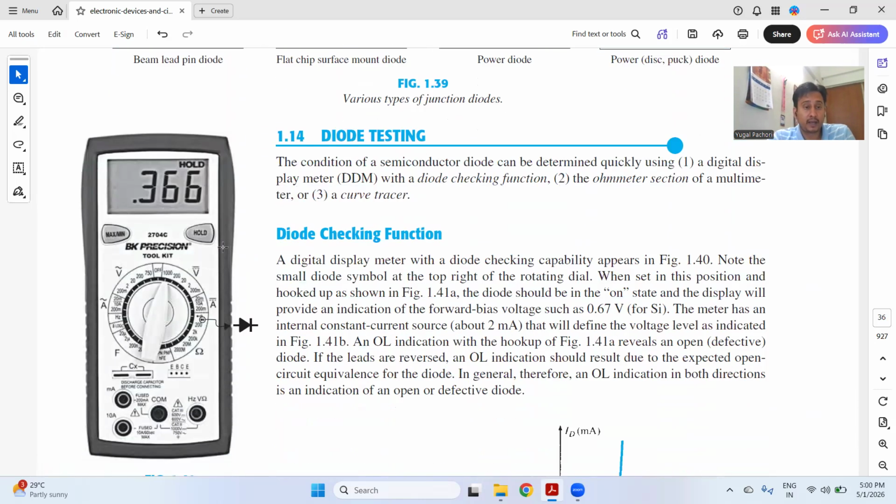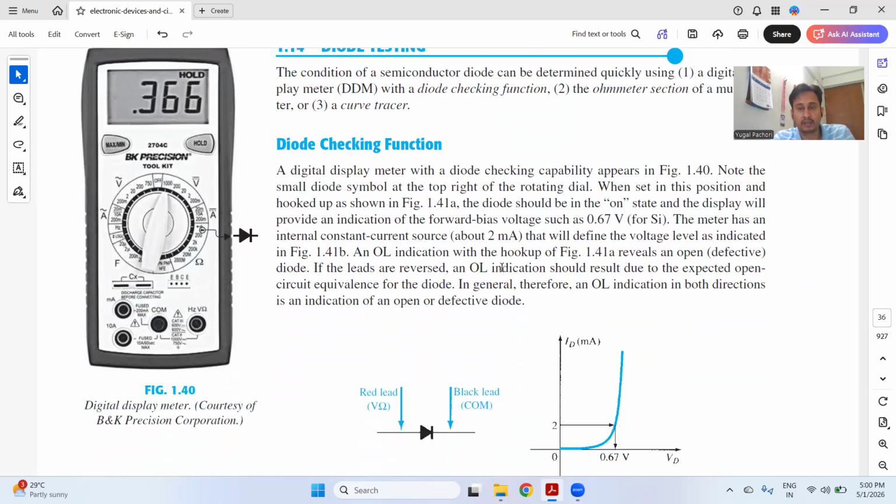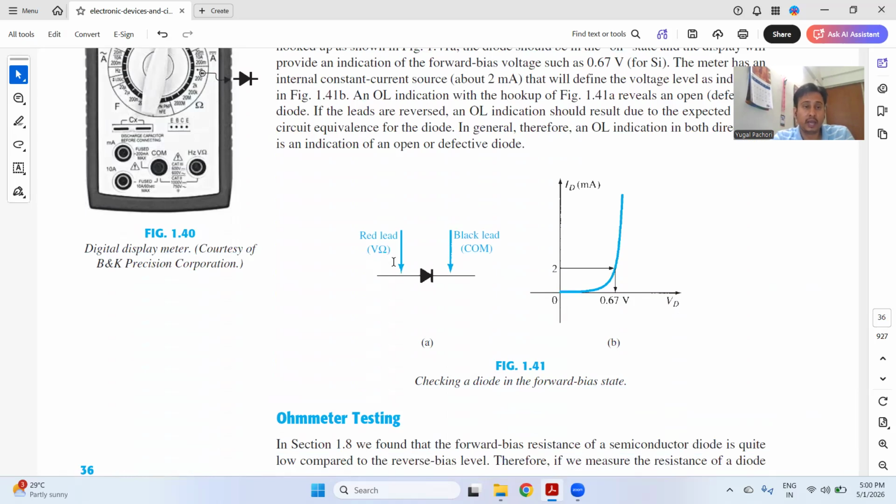And yes, a multimeter has an option for testing the diode as well. If you have a multimeter, you can test whether the diode is working or not. If the beep sound is on, or if it shows a value, then it is working. If the beep sound doesn't come, it means there is a short in the diode. You connect the voltage-ohm lead here, and this is the common point.